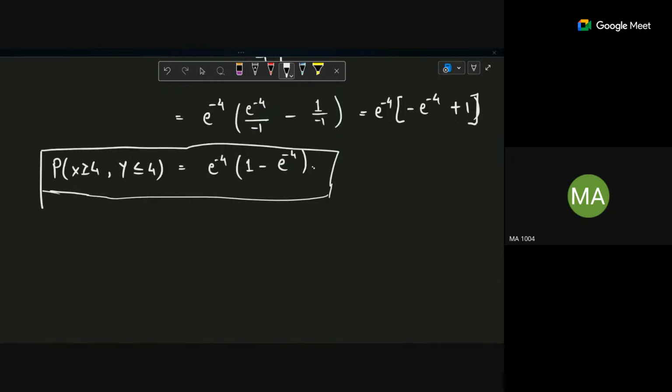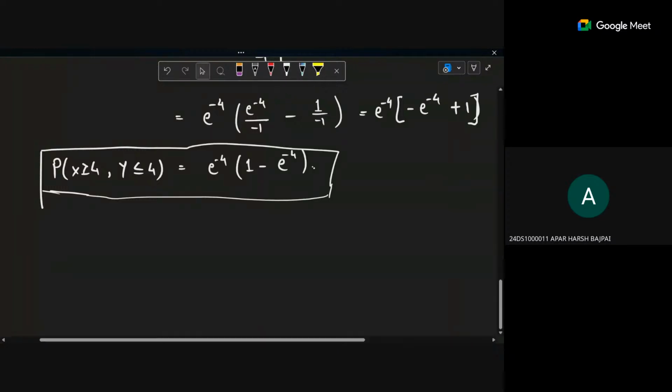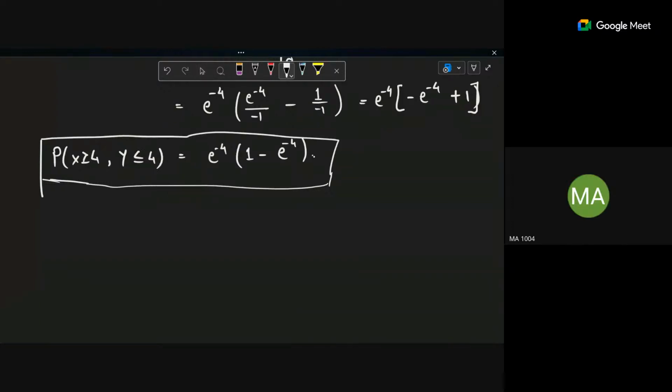Okay. Then, ma'am, sorry, can you please explain the limits, how we put the limits? I'm confused in that. See, we want our x to take values greater or equal to 4, right? And y should take values less or equal to 4, right.